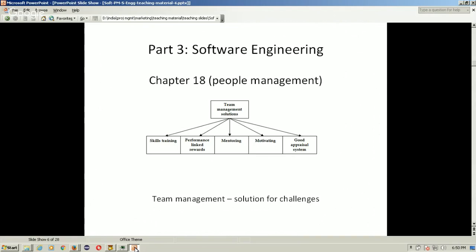Then here are the solutions for the challenges in team management. First, skills training. You need to keep a good eye on training being provided at different places, so that whenever some training is required for your team members, you should be able to send them to these training camps.